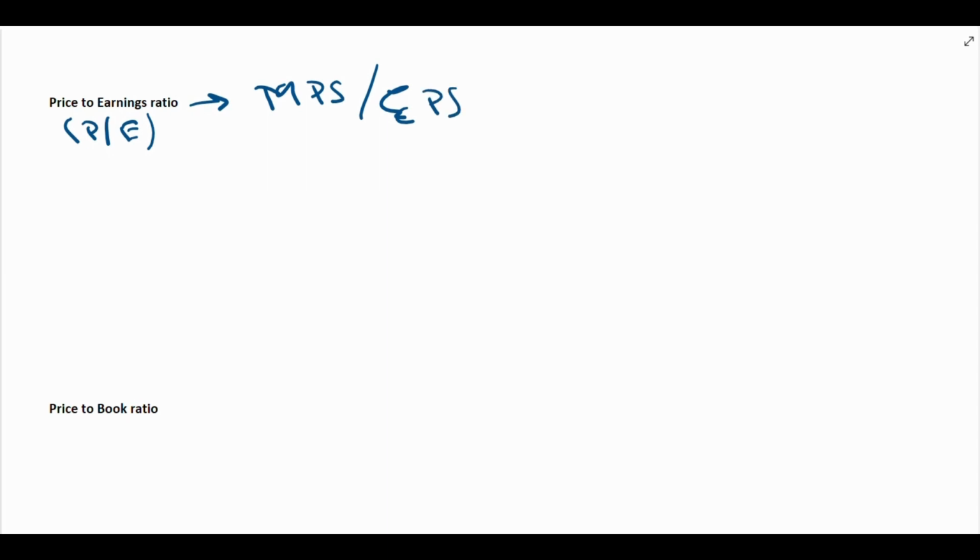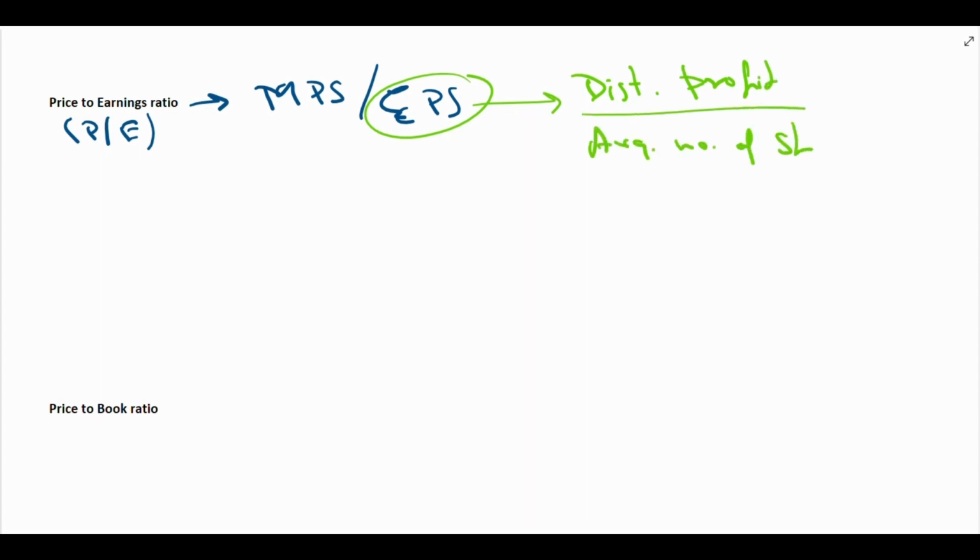Now, how do we get the earnings per share? Earnings per share is your distributable profit divided by the average number of shares. Now, why average number of shares? Because suppose at the start of the financial year, an organization had 10,000 shares floating in the market.